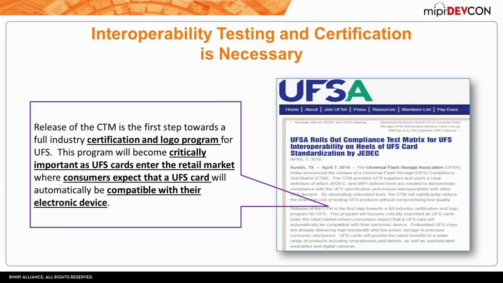And that's exactly what the CTM is. UFS is composed of three main building blocks: UFS as the application layer, UniPro as the link layer, and MIPI as the physical layer. Each one of these has its own test document. So the CTM refers to the tests from these documents that are required to achieve compliance.